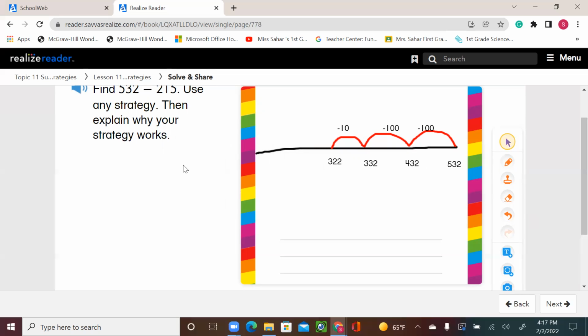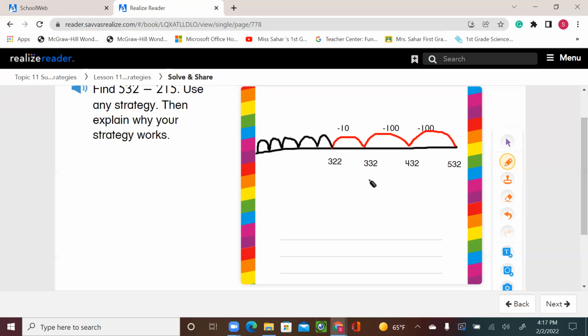I have to subtract 5 more. So I can do it in one jump, or I can go one by one. Let's go one step at a time, use a different color. So 322 minus 1, 2, 3, 4, 5.